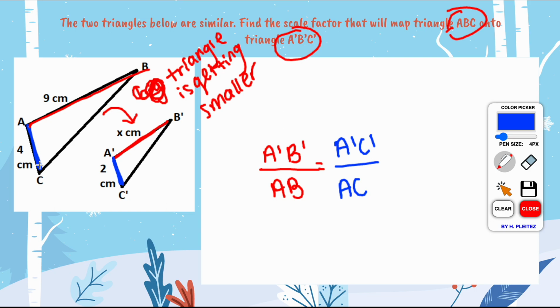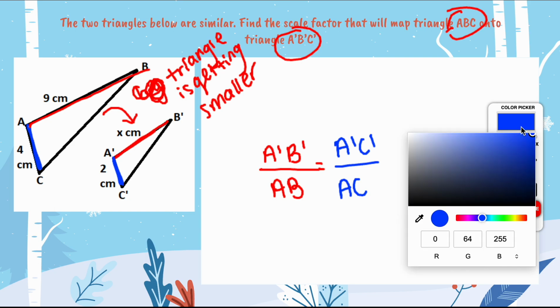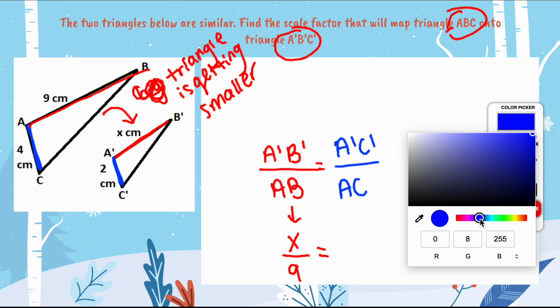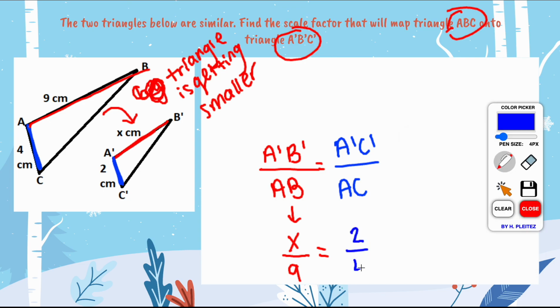Each fraction in these proportions is going to help you find your scale factor. For example, let's fill in our values. A prime, B prime is X, over AB, which is 9, equals A prime, C prime, which is 2 over 4.